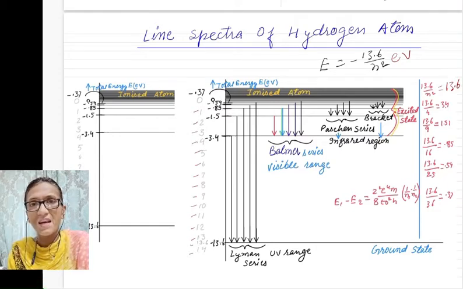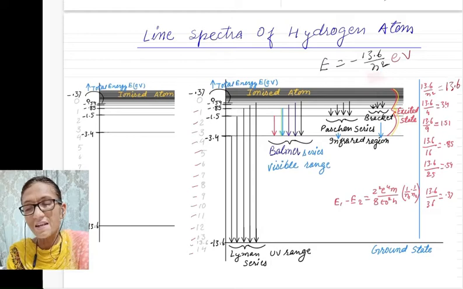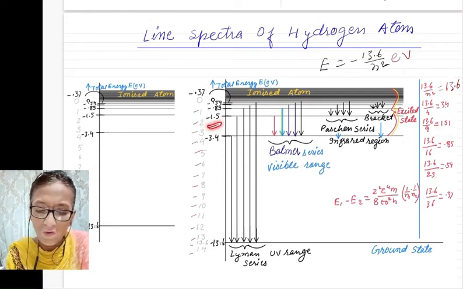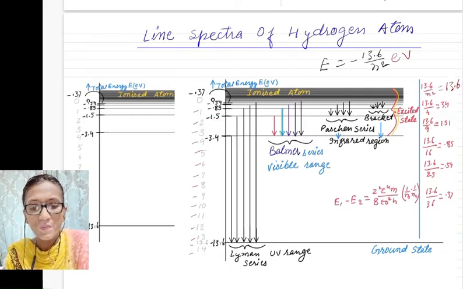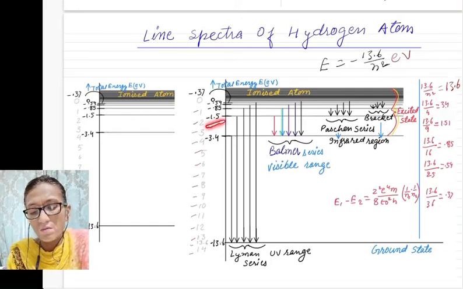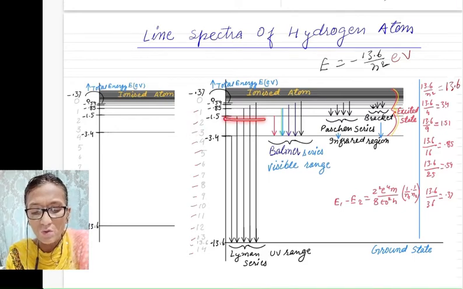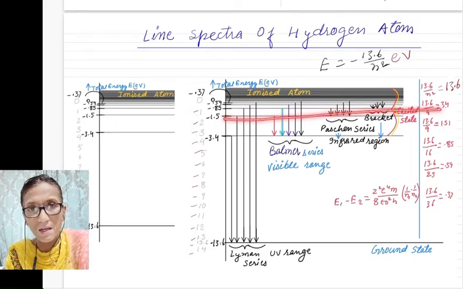Similarly, if you put n is equal to 3, you have energy 13.6 by 9, and this is equal to 1.5 near about electron volt, and with minus sign. So minus 1.5 comes in between minus 1 and minus 2. Here you have the third energy level.